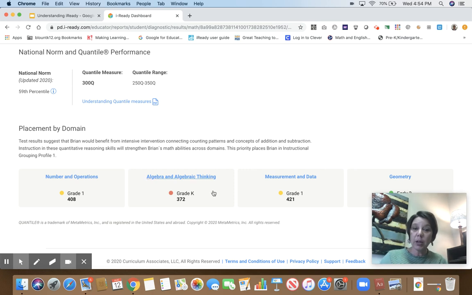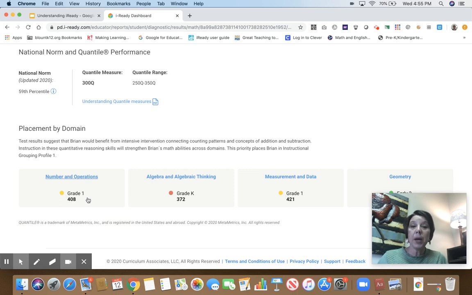So we can look here and see pretty quickly that Brian's two lowest here are algebra and algebraic thinking. And then also, when I look here, the next lowest domain is number and operations. Now, when Brian logs into iReady to do the lessons he needs to do on his personalized learning path, these are the two domains that Brian will be working in.